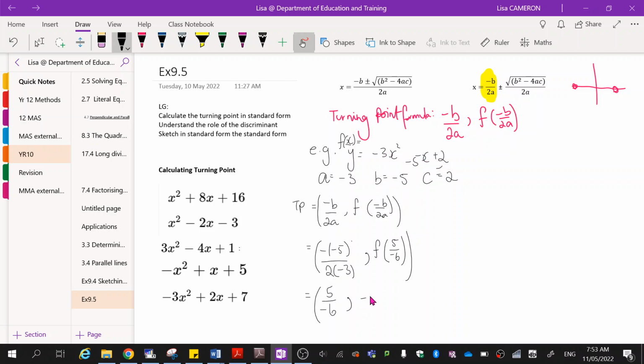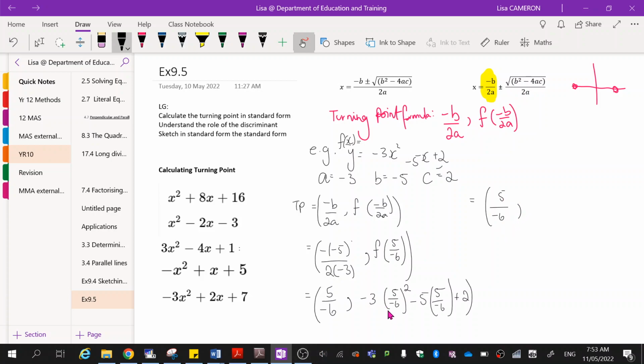So minus 3 bracket 5 over negative 6 squared minus 5 bracket 5 over negative 6 plus 2. Now I'm going to keep going and state my x coordinate again.